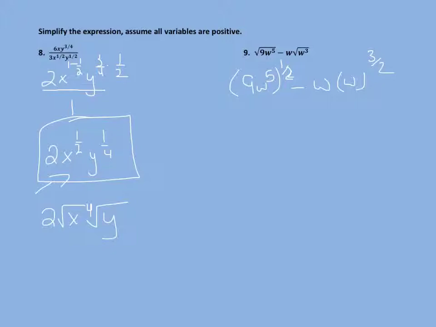Okay? So this one we have to distribute, so 9 to the 1/2, w to the 5/2, minus w, and then this would be 1 plus 3/2. Well, square root of 9 is 3. And 1 plus 3/2 is 5/2.